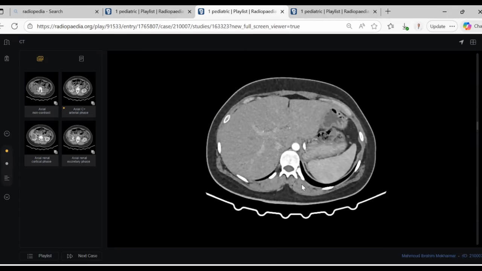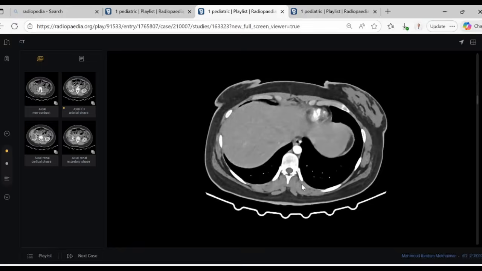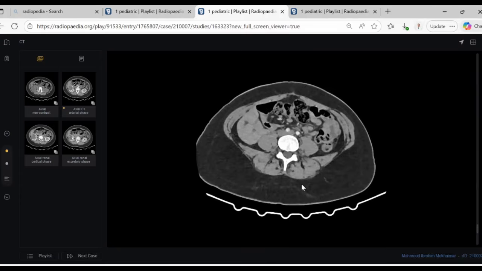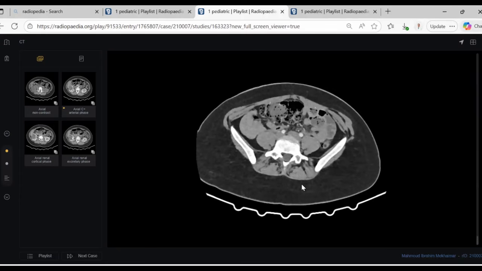The images are jumping actually. I will change my connection. Would you request control, doctor, please? Yes, sir.